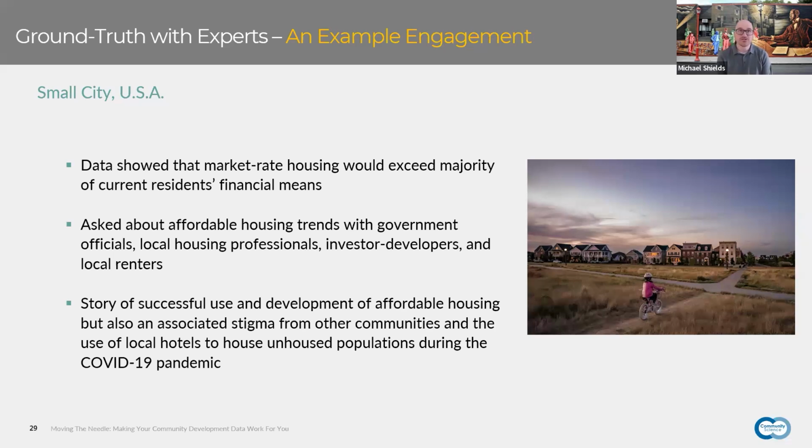And one of the weird metrics we found when we calculated the trends was that the unhoused or homeless population of this small city had grown exponentially, from 50 individuals to almost 300-something individuals in the span of 2 years. And we were like, what is going on here? And we learned the story that during the pandemic, one of the local hotels was able to house most of the state's unhoused and homeless populations, taking advantage of a policy that was in place.